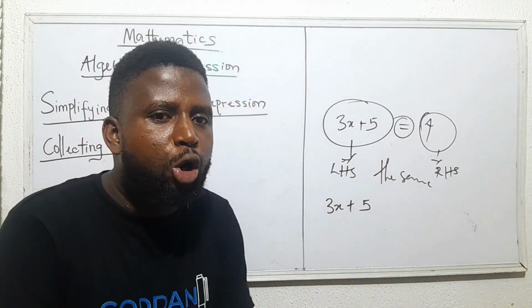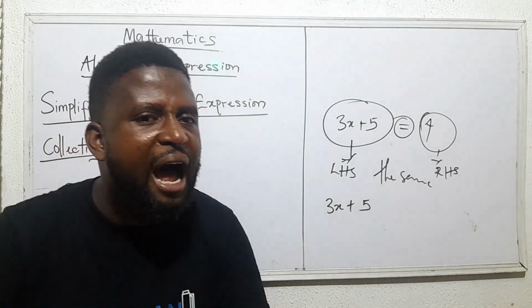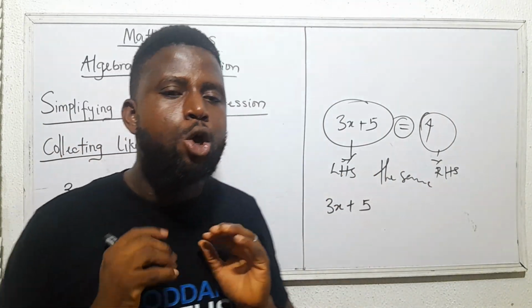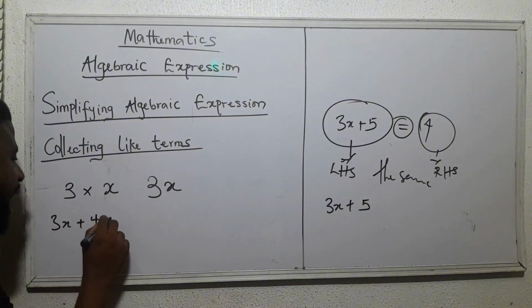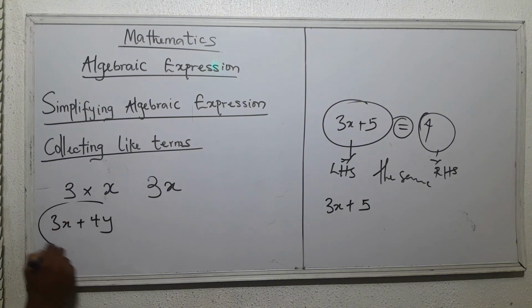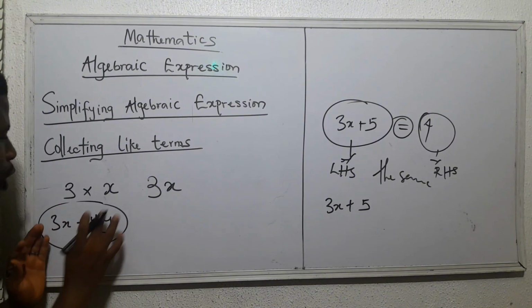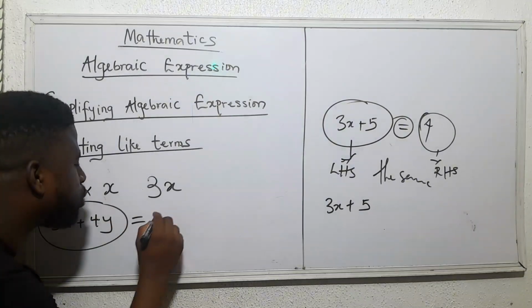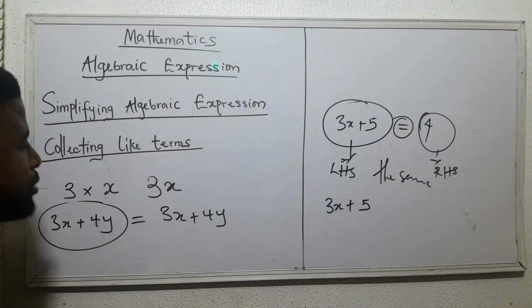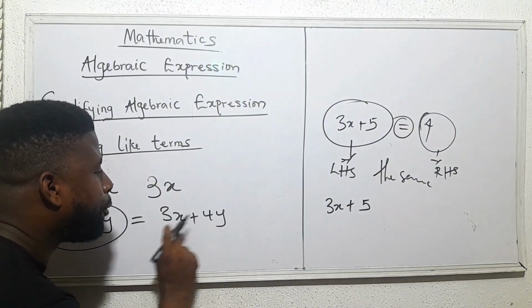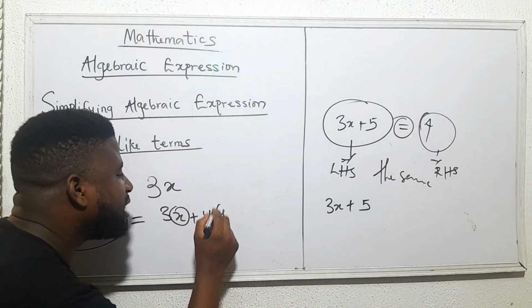Expressions with different variables cannot be added together. So for example, if I have 3x plus 4y, this cannot be added together. It cannot be simplified. The result will still remain 3x plus 4y. And why is that? It's because both terms have different variables.